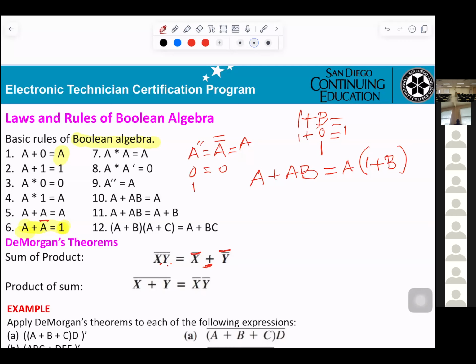And if B equals 1, 1 adding 1, what do you get? You cannot get 2, so you get 1. So 1 or B gives you 1, and 1 times A equals A. That's why A or AB equals A.